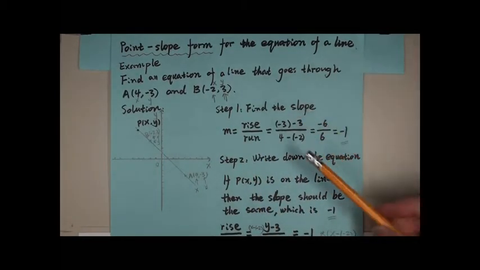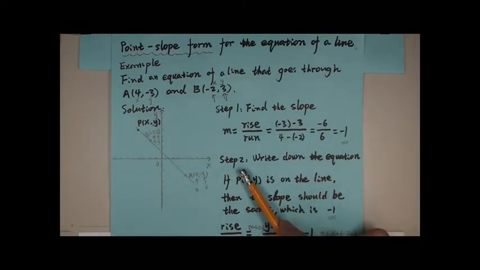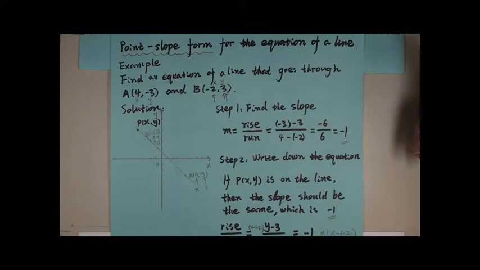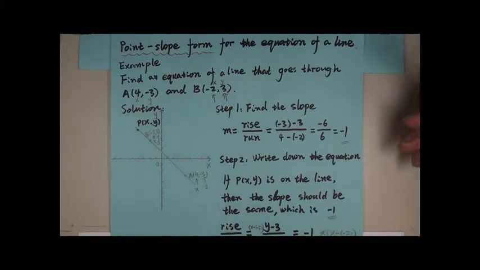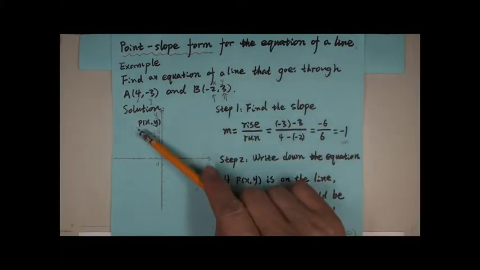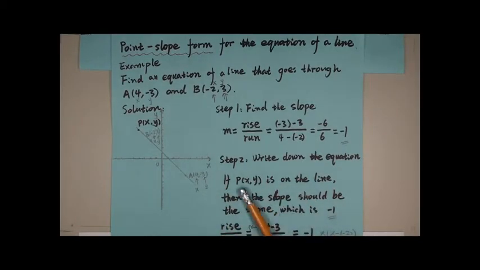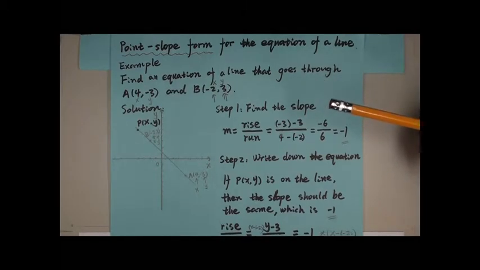And then the step 2 now is write down the equation. Now we are ready. Why? Because if there is a third point P(x, y) on the line, then the slope should be the same as -1. What's the meaning for that?